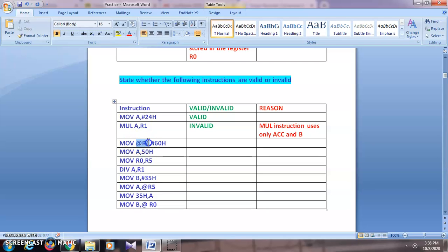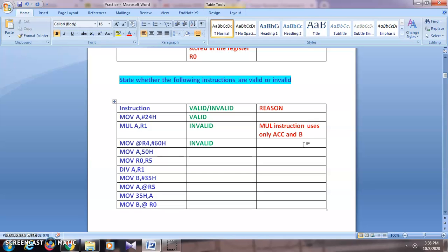But this indirect addressing mode can be used only with the registers R0 and R1. You cannot use any other register. So therefore this is an invalid addressing mode. This is an invalid instruction.